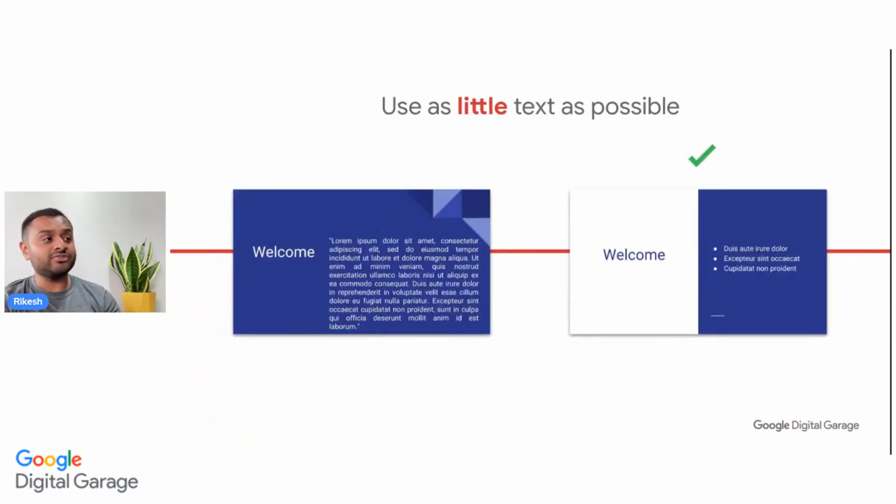Now, with our presentations, especially with things like slides, try and use as little text as possible. One, it's better for aesthetics. It just looks better on screen if you've got less text and you're just using bullet points like you can see here on screen, rather than big paragraphs going forward as well.